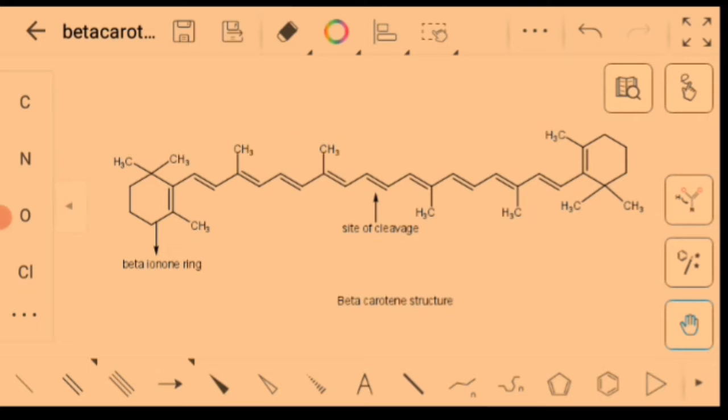Then in between, this series of carbon chain bonds are the polyprenoid chains that I had earlier said. So these are the polyprenoid chains.